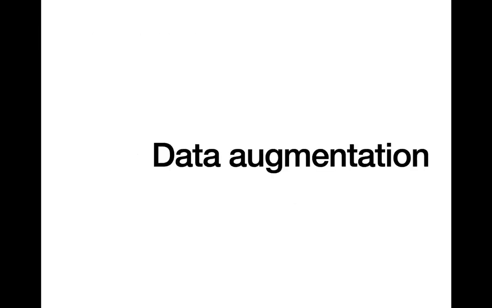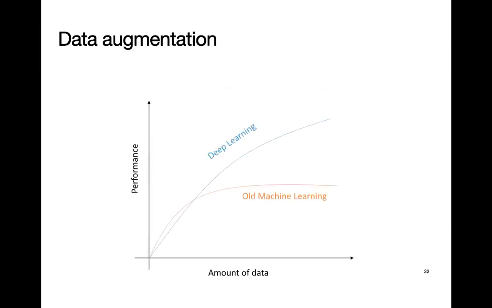The next thing is data augmentation. This picture is very important when you want to compare deep learning and so-called old machine learning. By old machine learning here, we mean SVM, logistic regression, linear regression, and so on. It has been shown that the more data you get, those old machine learning methods reach a plateau.